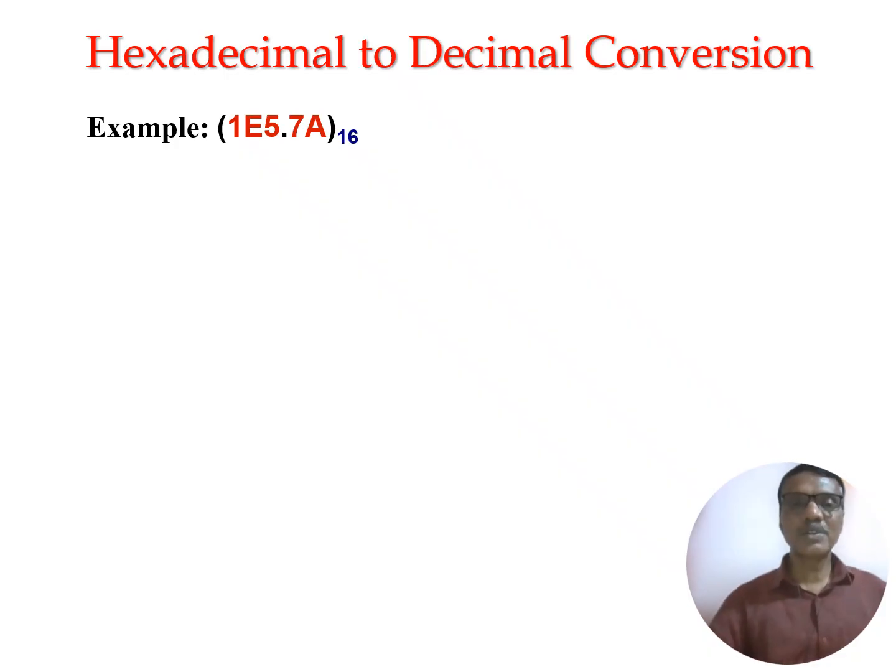Next, hexadecimal to decimal conversion. So this is the given hexadecimal value 1E5.7A. Hexadecimal means it contains numbers and alphabets. Numbers are 0 to 9 and alphabets are A to F, that is A, B, C, D, E, F. Up to F alphabets are contained in the hexadecimal value.